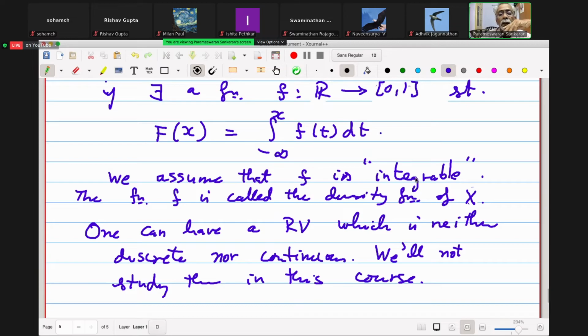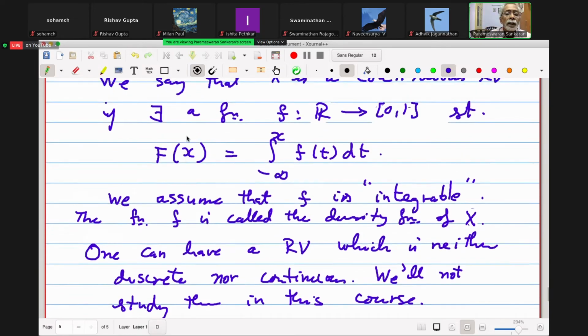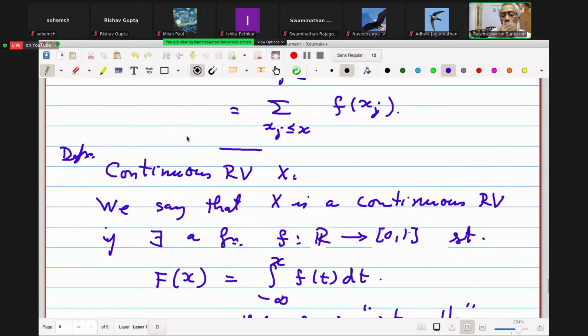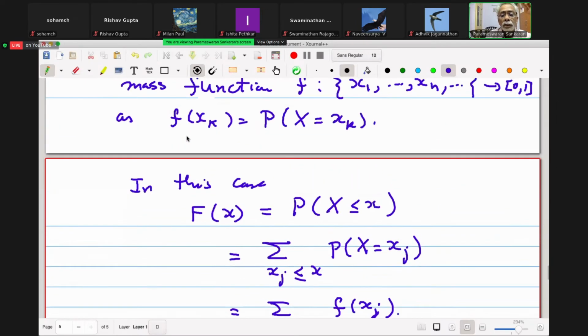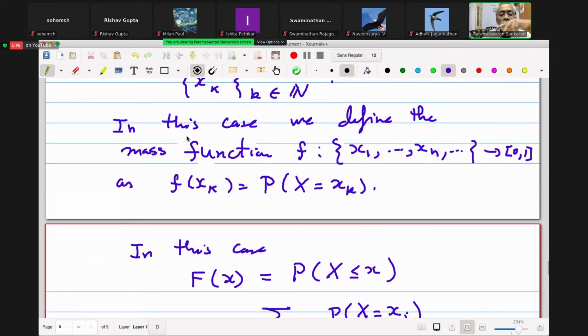That is written as L1 of R. Let us not go too much into it, but I just want to say that there can be a non-uniqueness phenomenon when you look at f, whereas in the discrete case, the mass function is automatically the only choice. It is already defined: f of x_k is equal to this, in the case of the mass function.